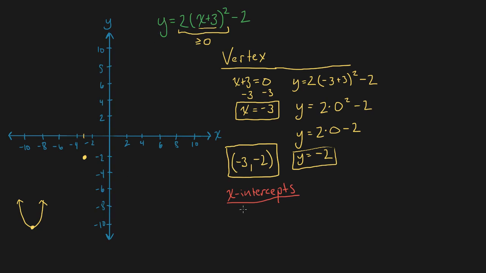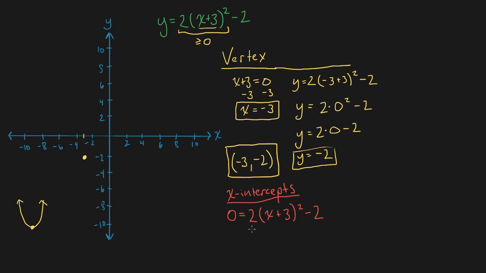And so let's write that out as an equation. Y is equal to, or sorry, 0 is equal to 2 times x plus 3 squared subtract 2. So for what values of x is y going to be equal to 0?